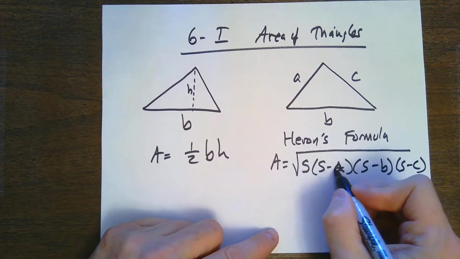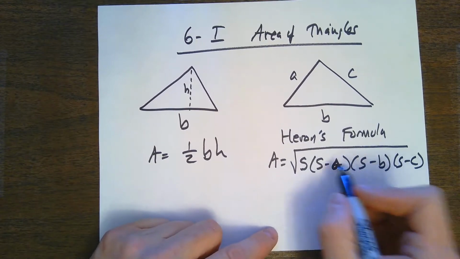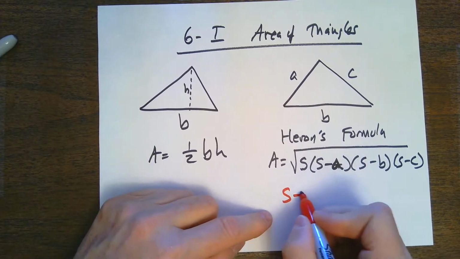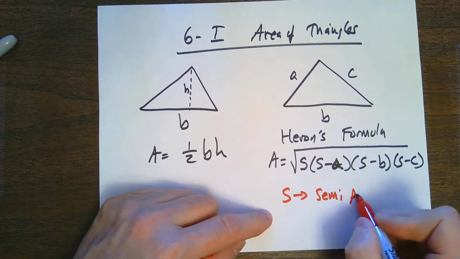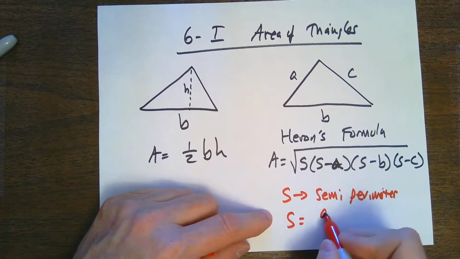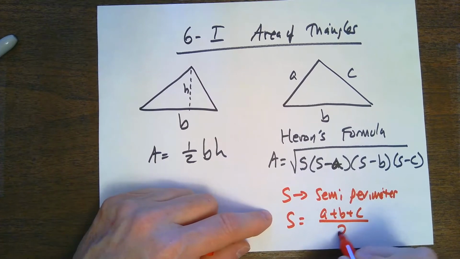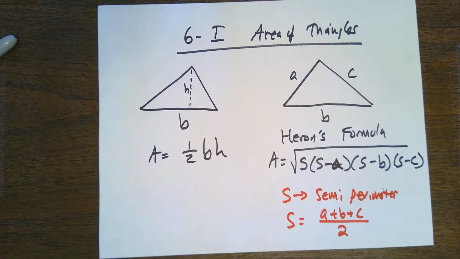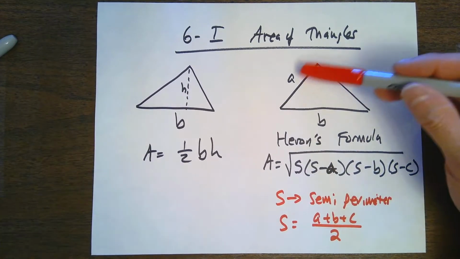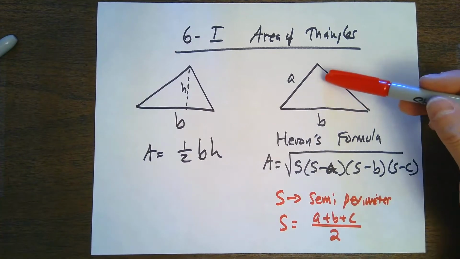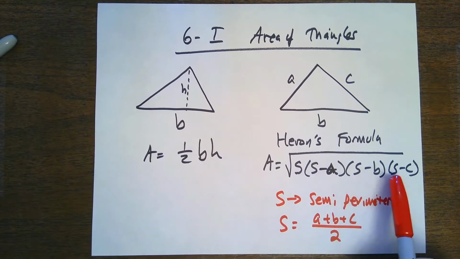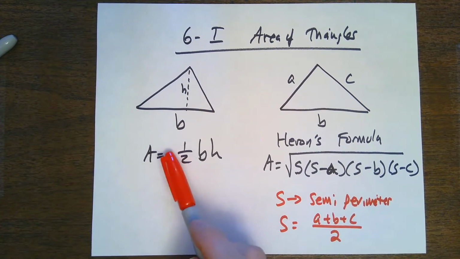That should be a lowercase a, side lengths a, b, and c. s is the semi-perimeter, which is add the side lengths up, divide by 2. This is from honors geometry, where I know all of the side lengths and can use Heron's formula.